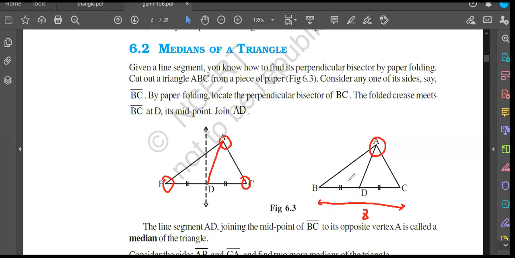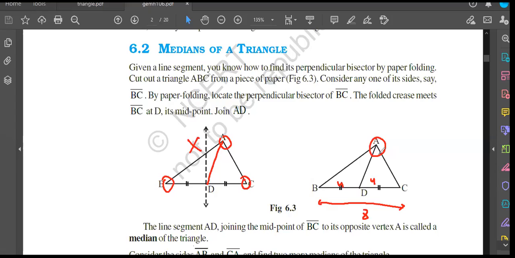It should cross a vertex. For example, this is not your median. This is a median. This dotted line is not your median. This red line is your median. Got it? Yes, very good. So this is 4. This is also 4. Okay, everyone? Got it?